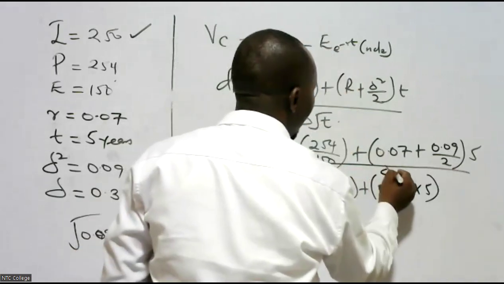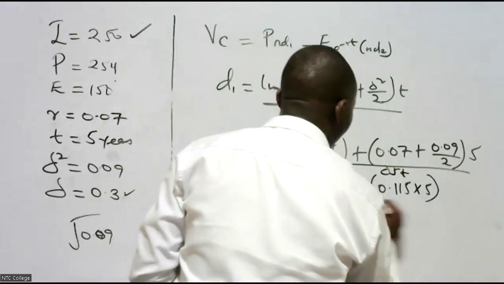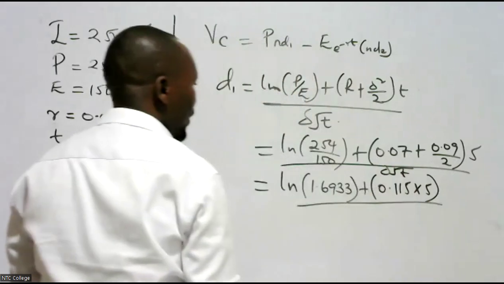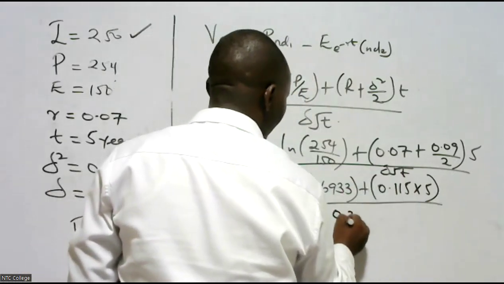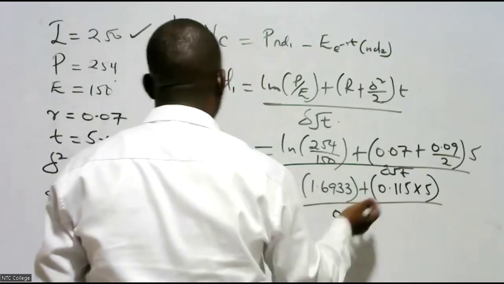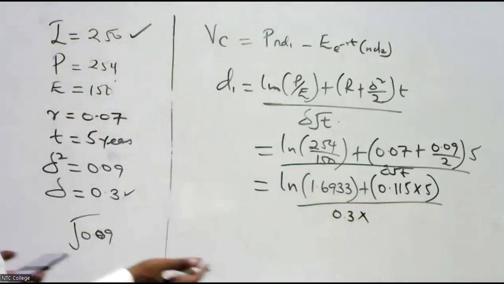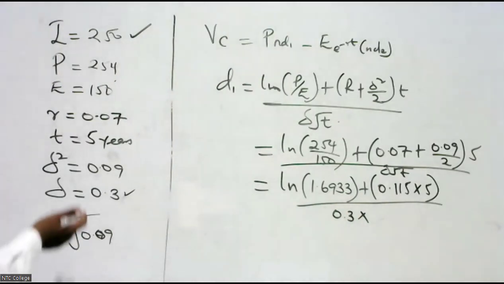After this one will be 0.3 times the square root of T, which is 5.